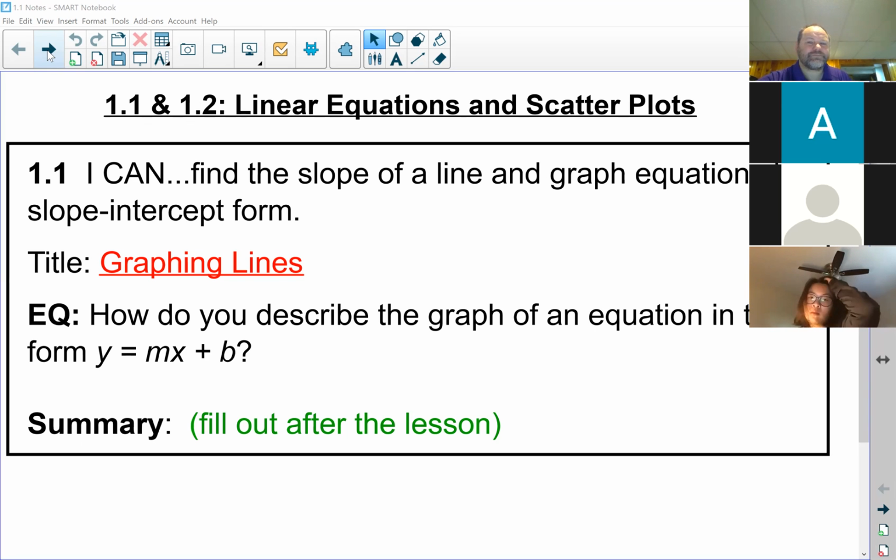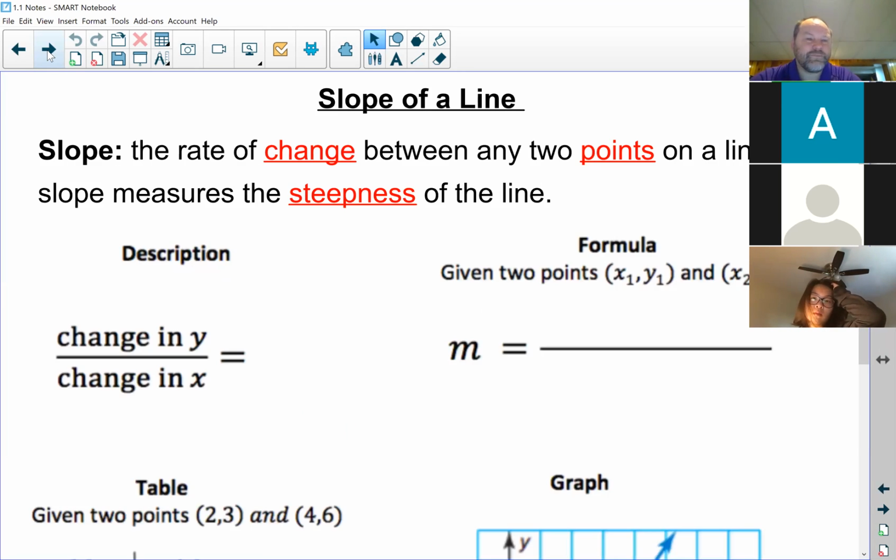All right. So the slope of a line is defined as the rate of change between any 2 points on a line. Slope measures the steepness of the line.